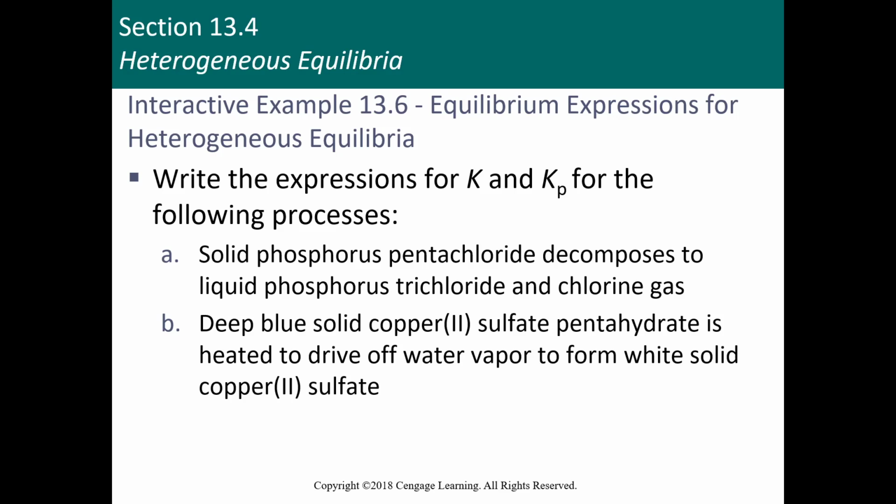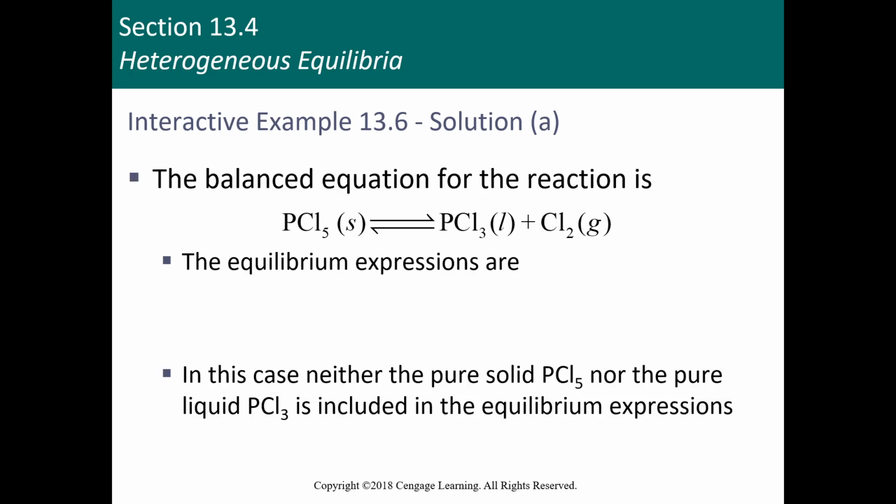And then B, deep blue solid copper(II) sulfate pentahydrate is heated to drive off water vapor to form white solid copper(II) sulfate. All right, so this is the equation for A. This is the balanced reaction. And so we're going to try to figure out the equilibrium expression. Well, again, it is products over reactants, but your product here, which is a pure liquid, and your reactant here, which is a pure solid, do not have to be written.